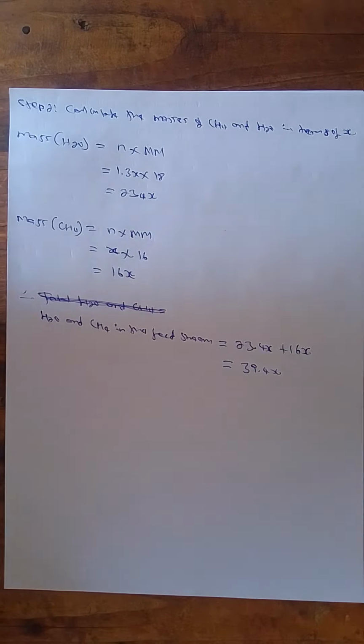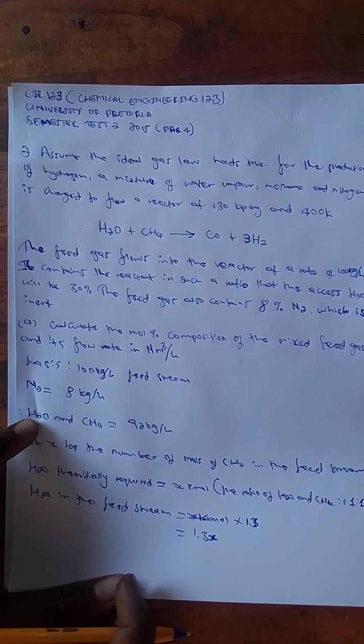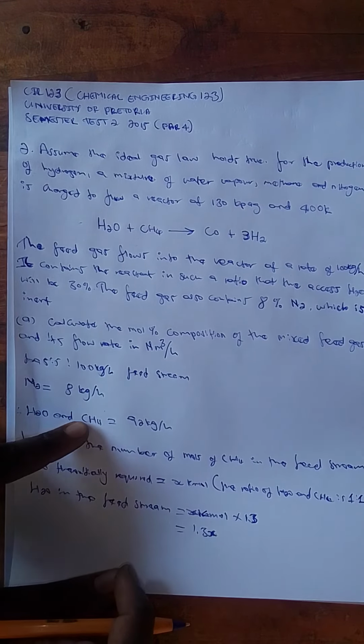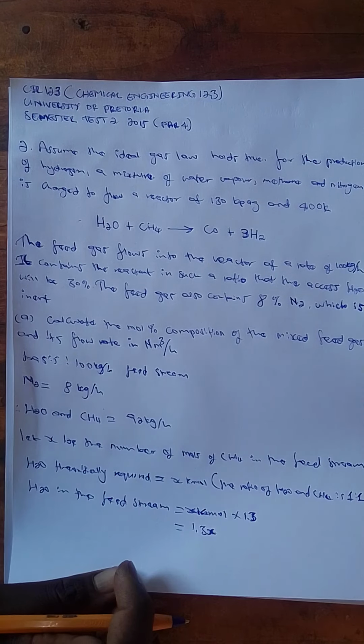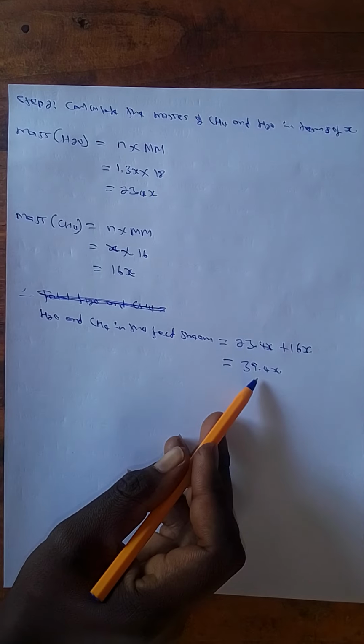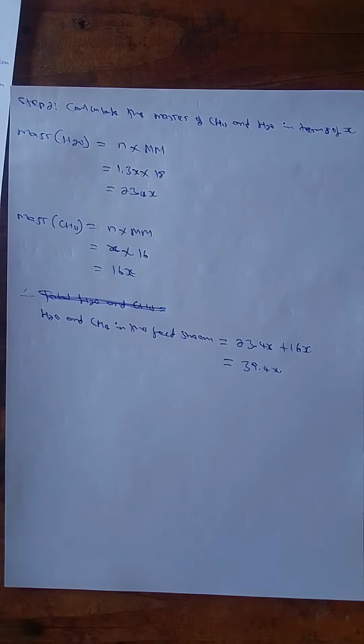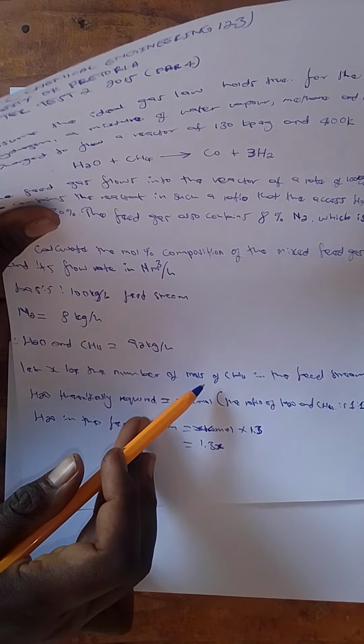However, remember that because of the 100 kilomole base, we did find out that the water and the methane contain is actually 92 kilograms per hour. So we can simply equate the 39.4x with the 92 kilograms per hour and solve for x. Remember, we defined x as the number of moles of methane.